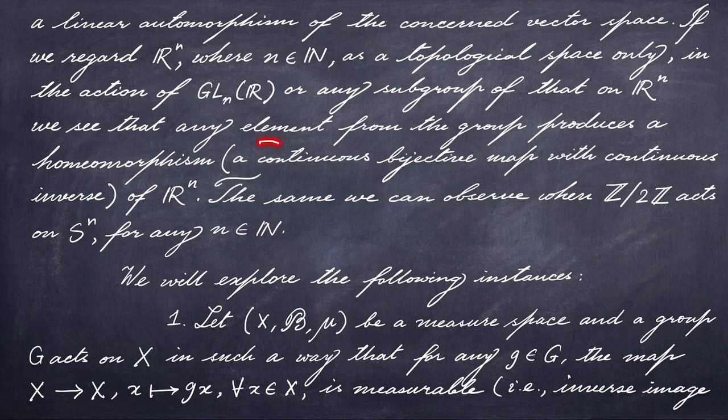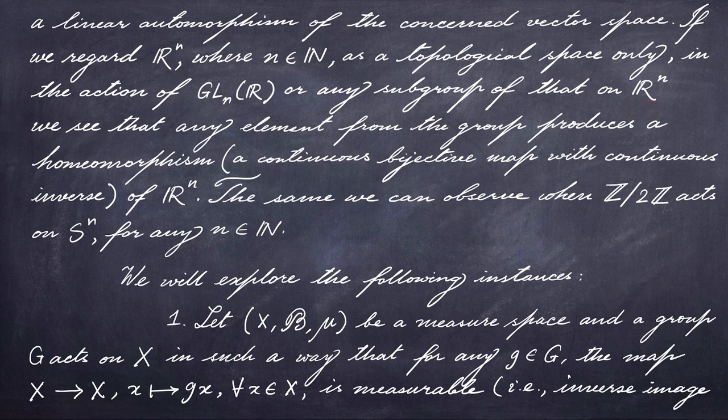So every element of the acting group produces a homeomorphism of R^n. Here we have just focused on the topological structure of R^n. So every g from the acting group is giving a homeomorphism of this topological space R^n.